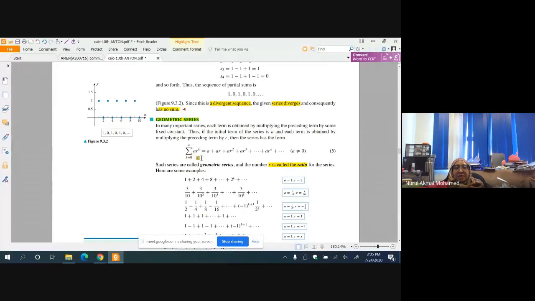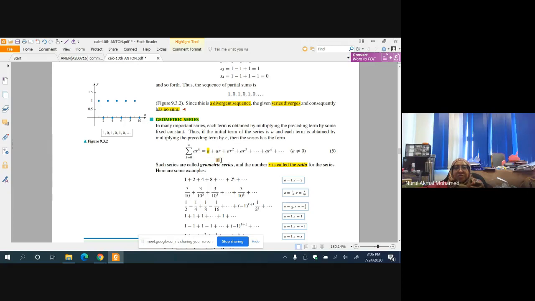If k is equal to 0, then r to the power of 0 gives you 1. So the first term will be a, when k is equal to 0, because the series starts from 0.